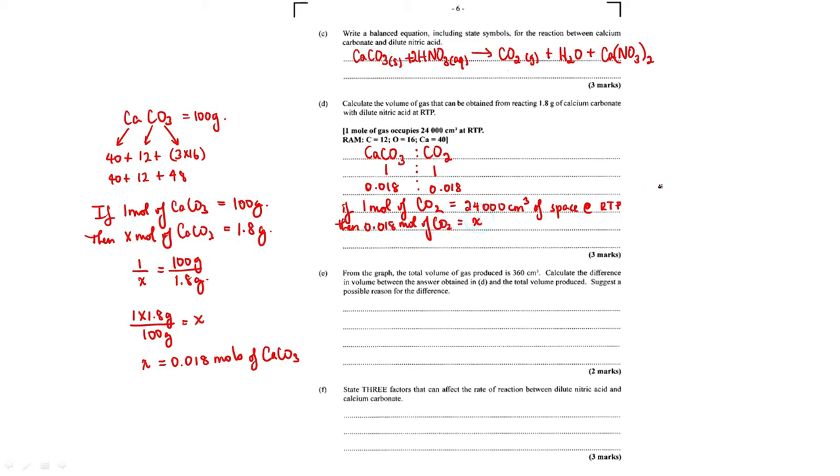So again, you write this like how you could understand it. You say 1 over 0.018 is equal to 24,000 over X. Solve for X.